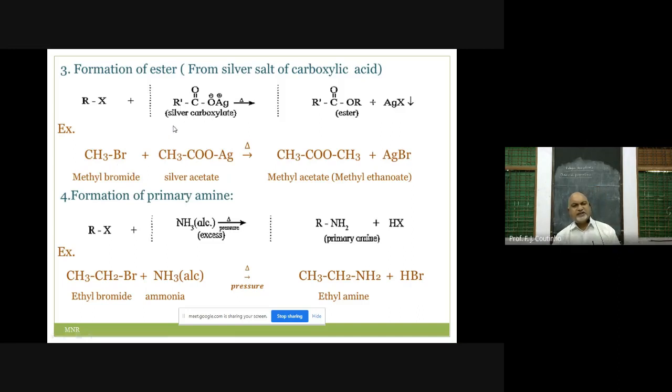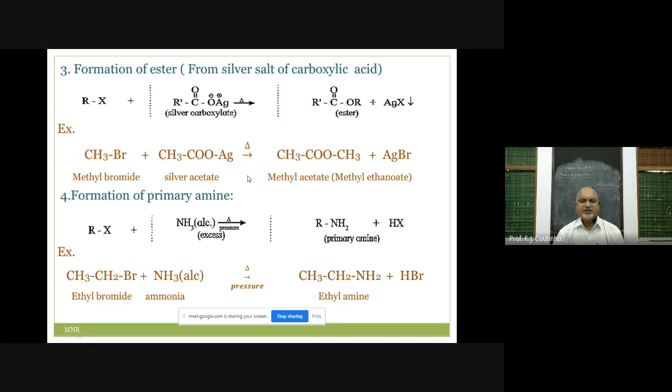If you see in the example, we have methyl bromide. Now this methyl bromide is treated with silver acetate. The silver acetate is CH3, C double bond O, that is COO, Ag, where Ag, as I said, is substituting the hydrogen of an acid, and that's why it is silver acetate.